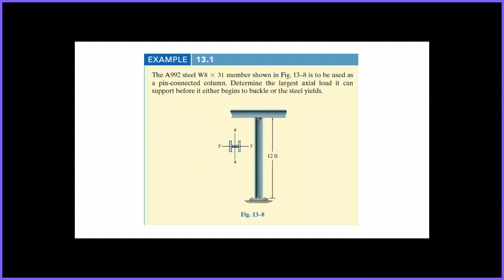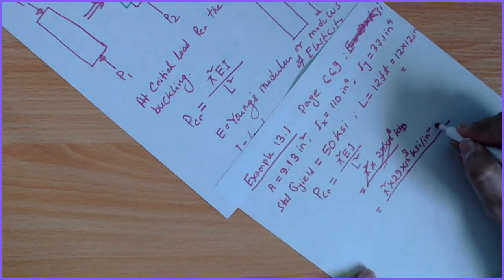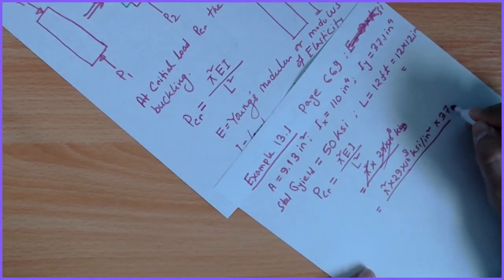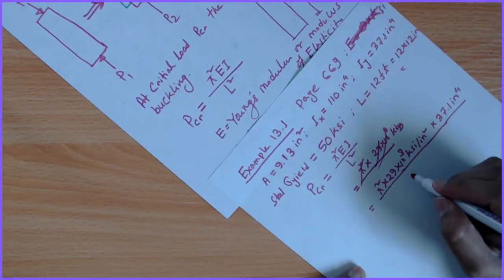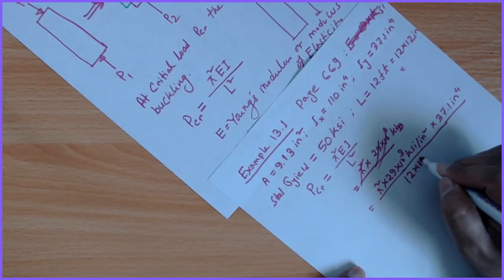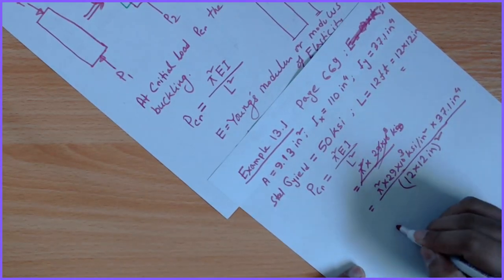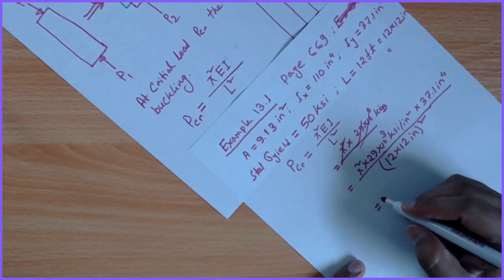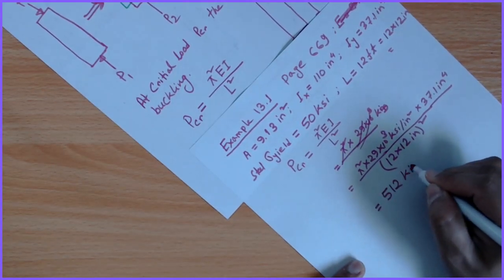That's why we select Iy as our moment of inertia, 37.1 inch^4, and L square is 12 into 12 inch, squared. If I calculate it correctly, this is 512 kilopound.